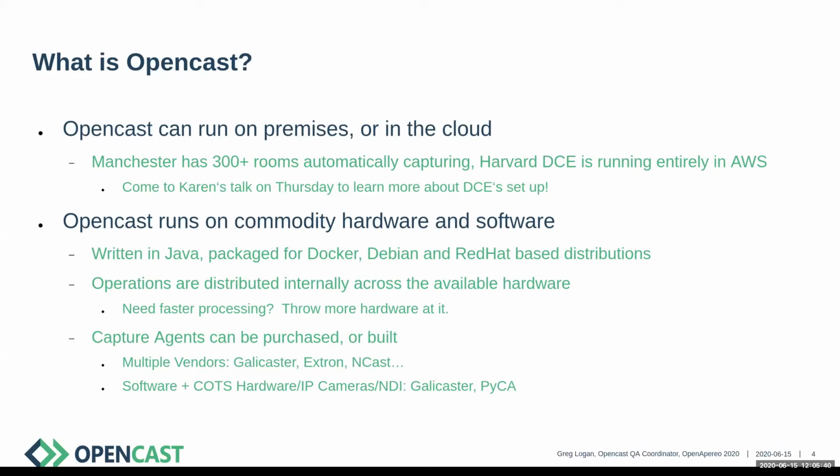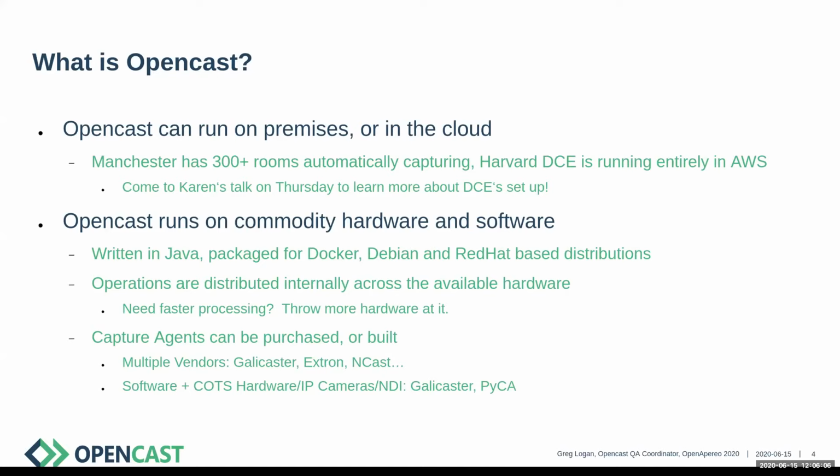Opencast runs on commodity hardware and software. Sorry, I've got a really bad frog. We're written in Java, currently Java 8, supporting Java 11 soon. We're packaged for Docker, Debian, and Red Hat-based distributions. That's not to say that it won't work for other installs, just that those are the tested versions that we actually test against.